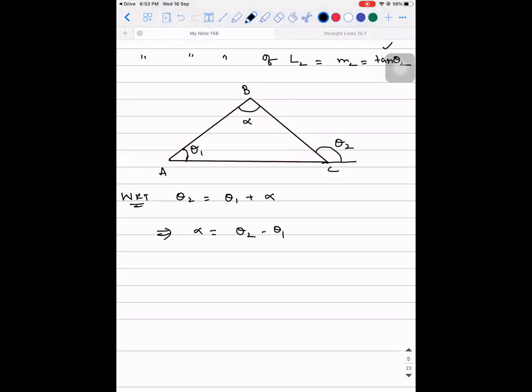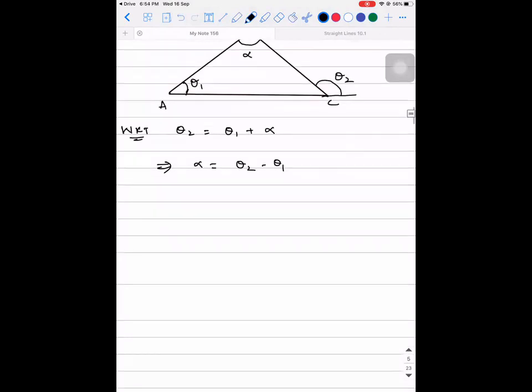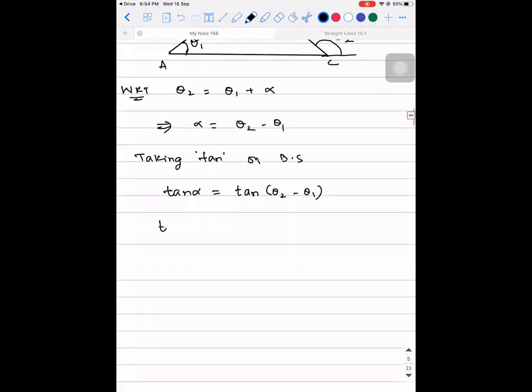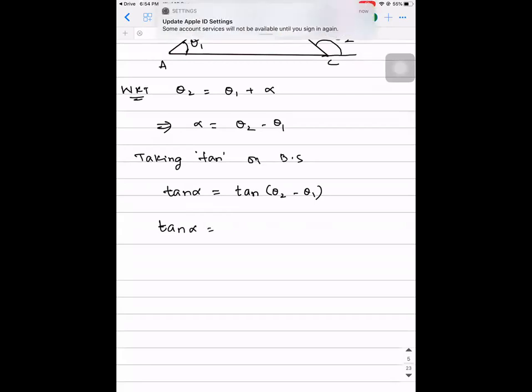Now tell me, which trigonometric function speaks about slope with respect to angles? It is tan. And that is the reason why I am taking tan on both sides. So tan alpha is equal to tan of theta 2 minus theta 1. Correct? What is the tan A minus B formula?